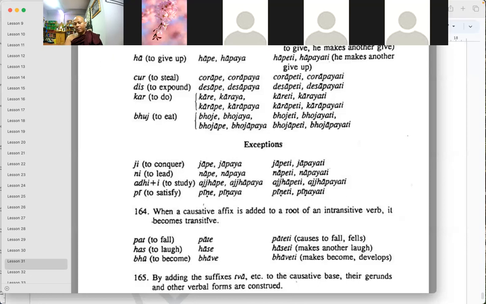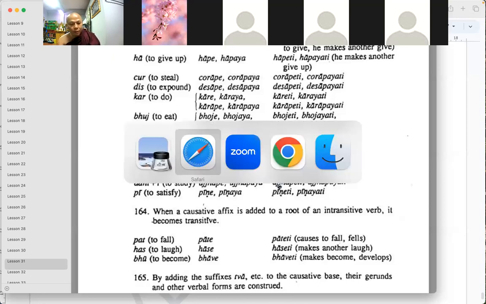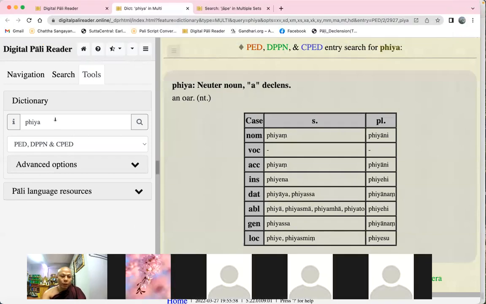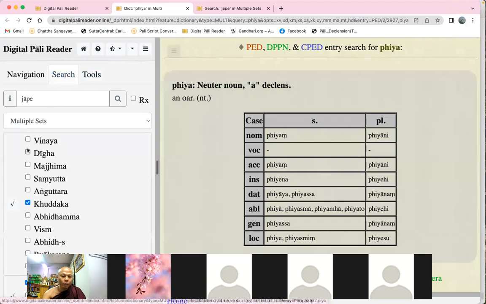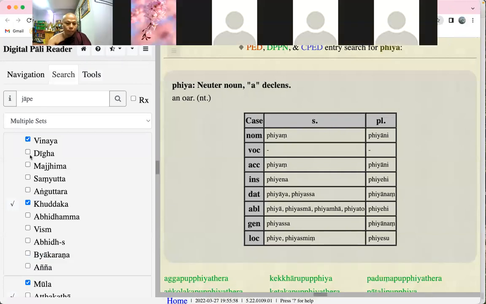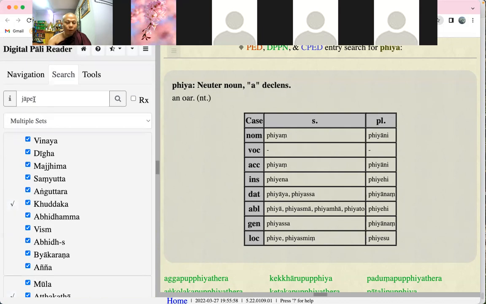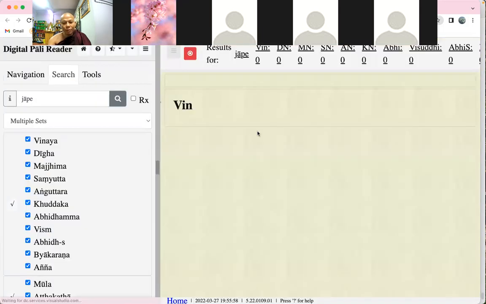So I could not find it. So let's see. So here jayapeti, I am trying to find that one.